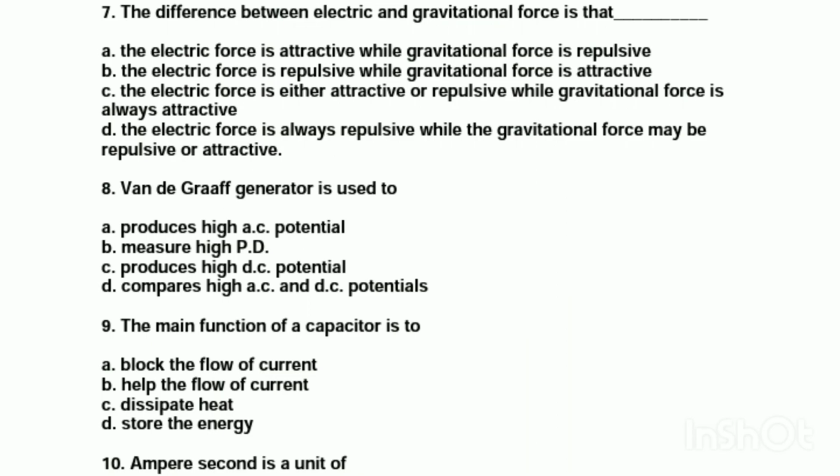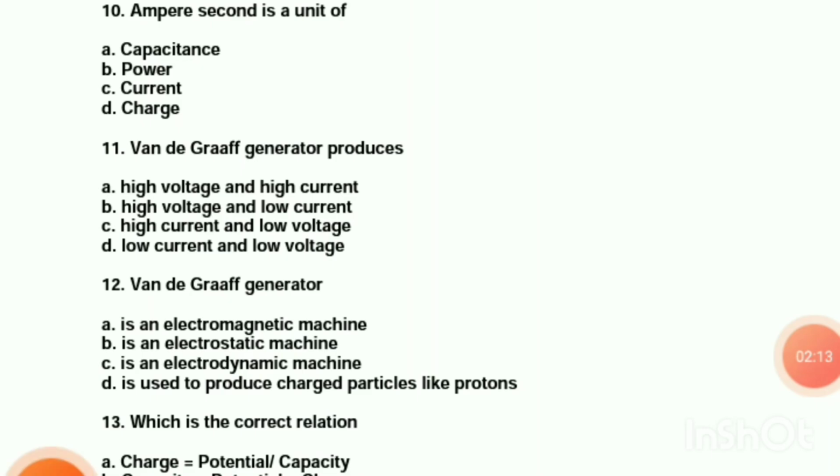அடுத்து Van de Graaff generator is used to produce high DC potential. C தான். அடுத்து the main function of a capacitor is to store the energy. D தான். அடுத்து ampere second is a unit of charge. D தான். அடுத்து Van de Graaff generator produces high voltage and low current. B தான். அடுத்து Van de Graaff generator is a electrostatic machine.